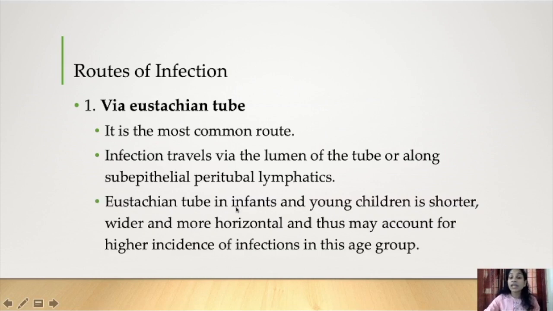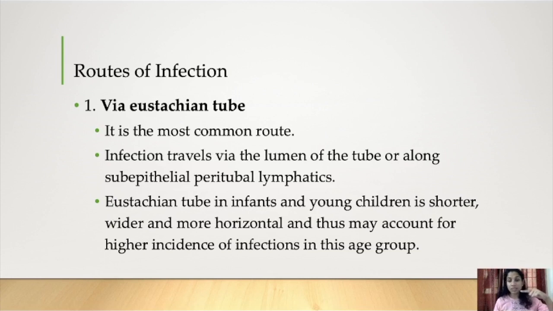The eustachian tube in infants and young children is shorter, wider and more horizontal, and thus may account for the higher incidence of infection in this age group. Compared to adults, the eustachian tube in infants is shorter, wider, and more horizontal.